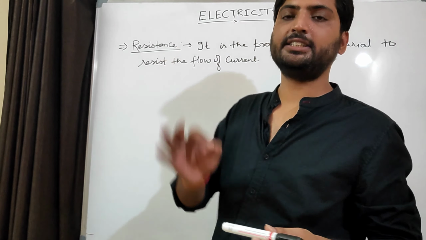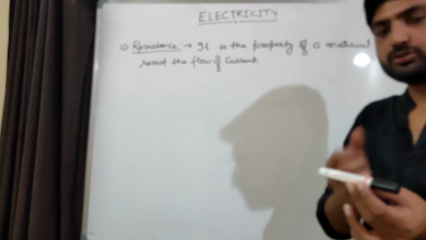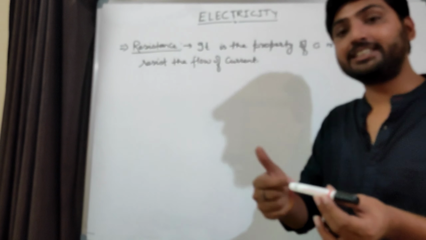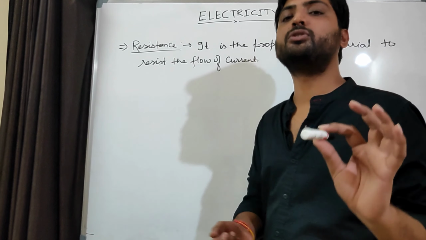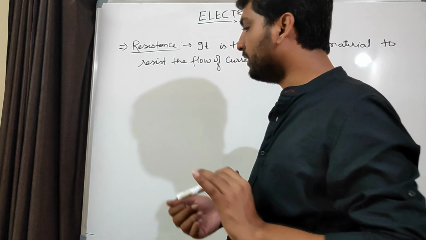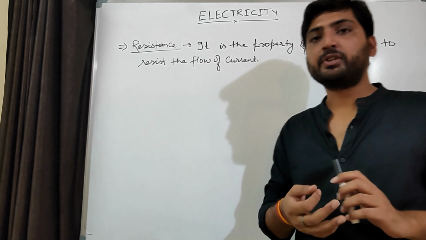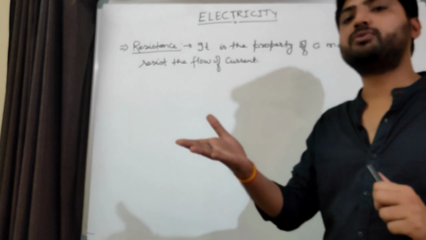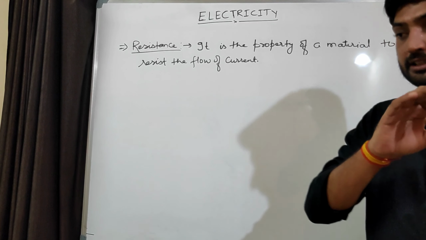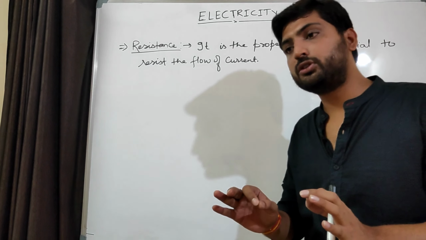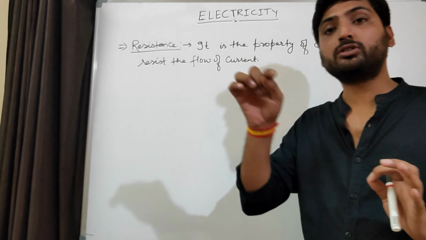Every material resists the flow of current. So this also resists the flow of current, but the value of resistance in this material is more. That's why no current will flow through it. It is an insulator. When we talk about copper, copper allows the current to flow through it because it is a conductor, but there is also a resistance.